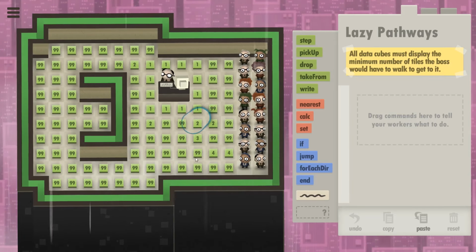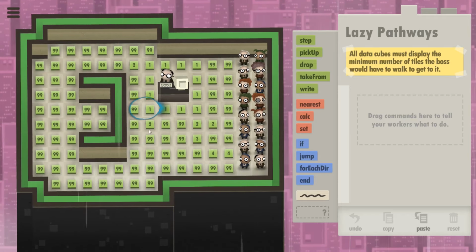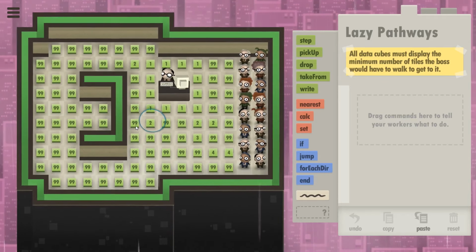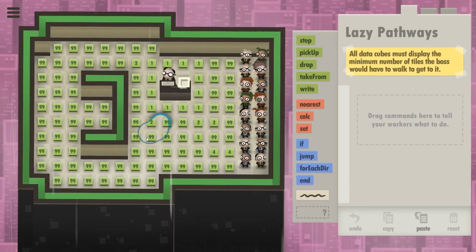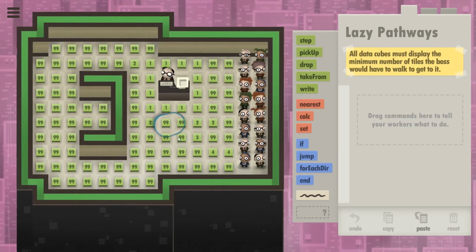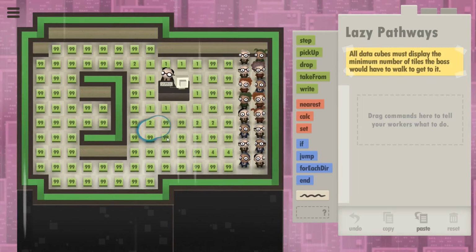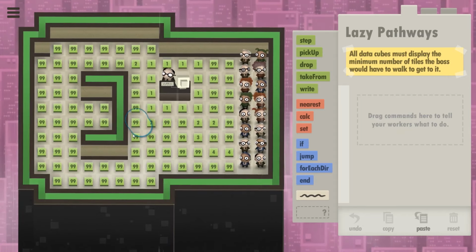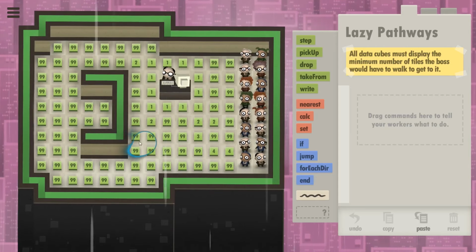Where does this break? It breaks if I get a 3 here. A 3 here? 4.